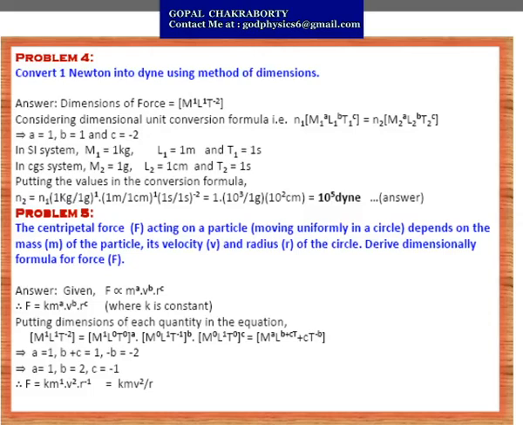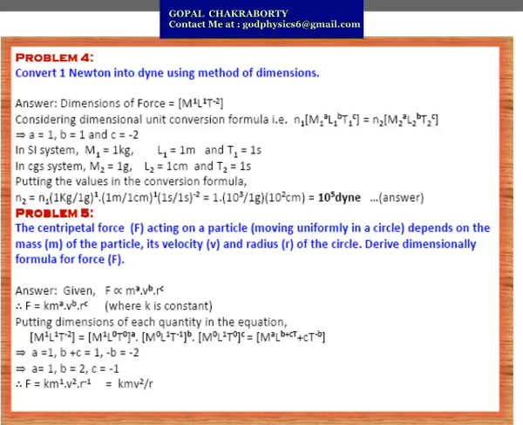Next problem. The centripetal force F acting on a particle moving uniformly in a circle depends on the mass m of the particle, its velocity v, and radius r of the circle. So derive the dimensional formula of the force.